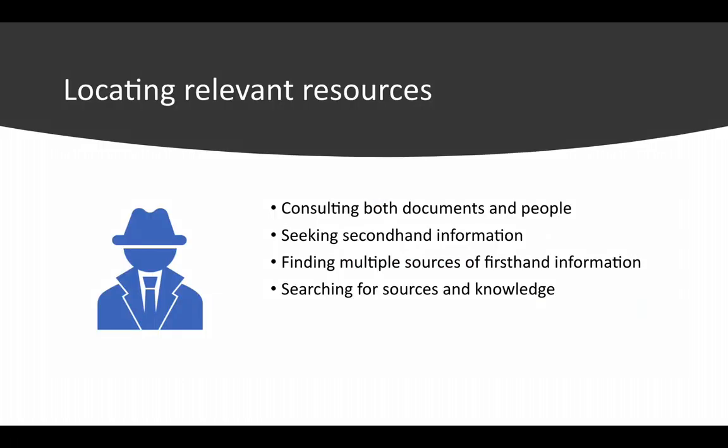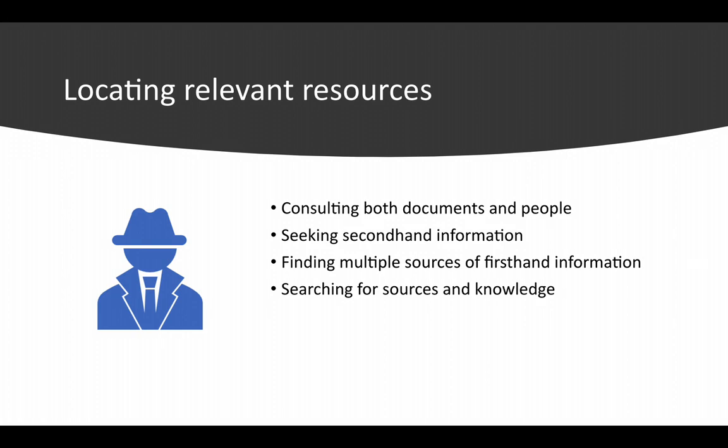All right, so for locating the relevant resources, right? Now that involves both credible documents and credible informants or people. So when you are seeking second-hand information, now this you need to know where you can find it, right? And of course, sometimes we would encourage, especially in our public administration, nonprofit management field, people just to go to the field, talk to people, right? Gather some first-hand information.